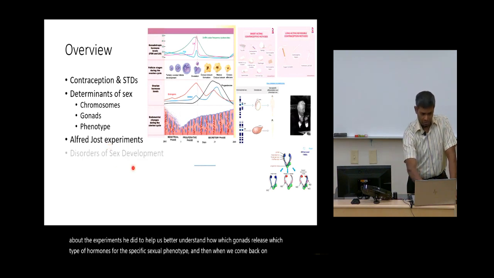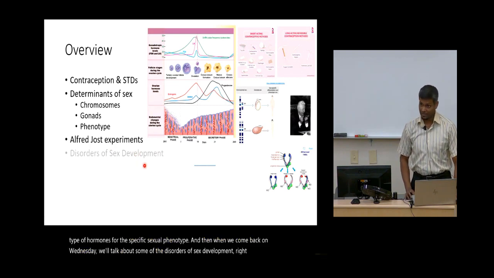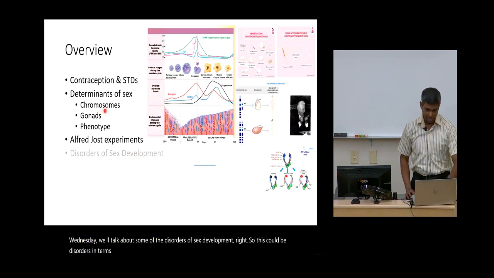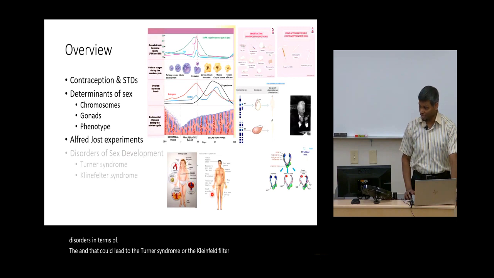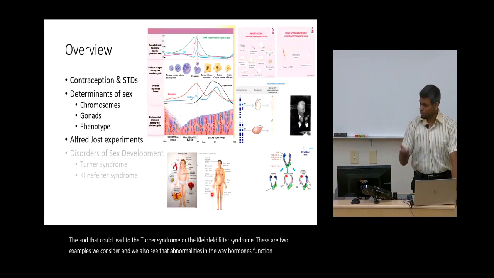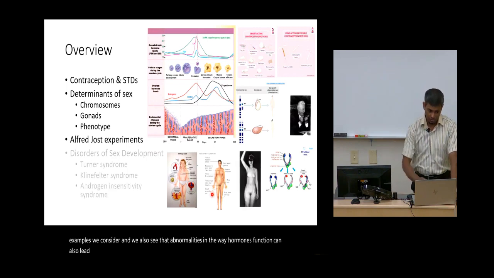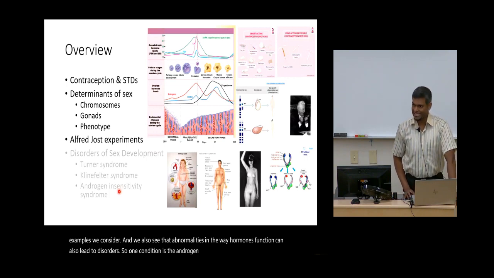And then when we come back on Wednesday, we'll talk about some of the disorders of sex development, right? So this could be disorders in terms of chromosomes, and that could lead to either Turner syndrome or the Klinefelter syndrome. Those are 2 examples we'll consider. And we'll also see that abnormalities in the way hormones function can also lead to disorders. So one condition is the androgen insensitivity syndrome.